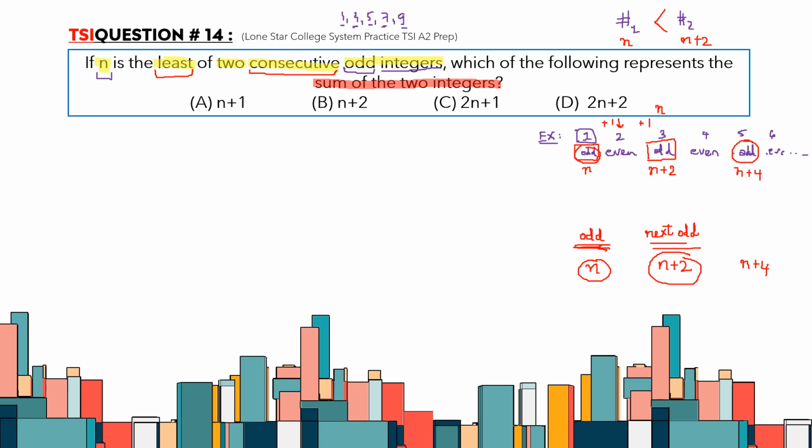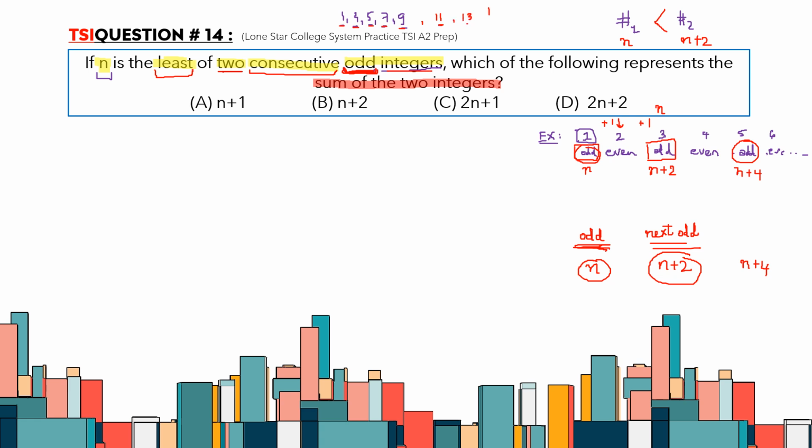Alright, so now we have two numbers. The integers are 1, 2, 3, 4, 5, 6, 7, but the odd numbers are only those whose last digits are 1, 3, 5, 7, 9, right? It can be 11 because it ends with 1.